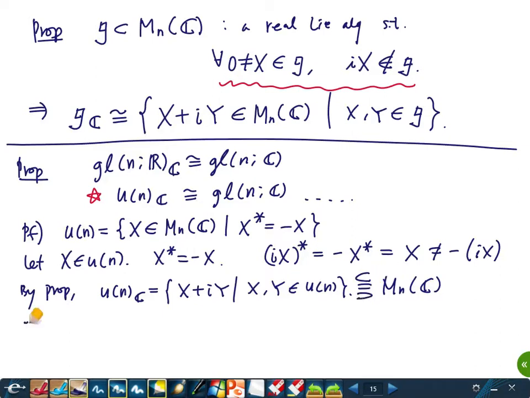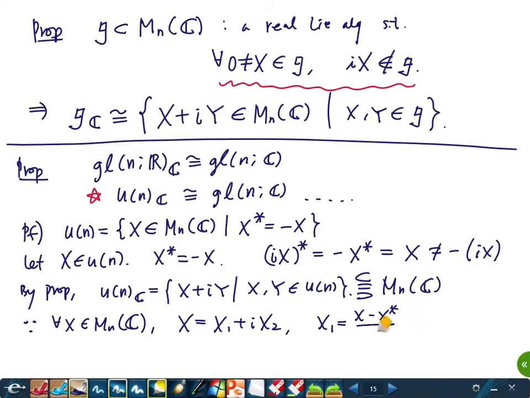For all X in the set of matrices, we can write this as X1 plus i X2, where X1 is (X minus X star) over 2, and X2 equals (X plus X star) over 2i.